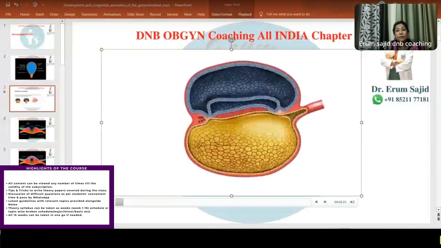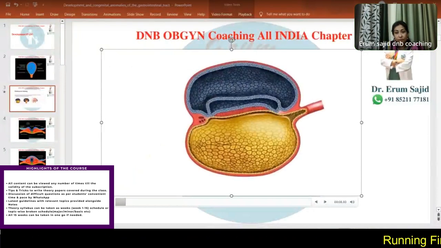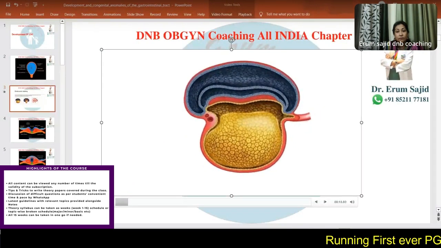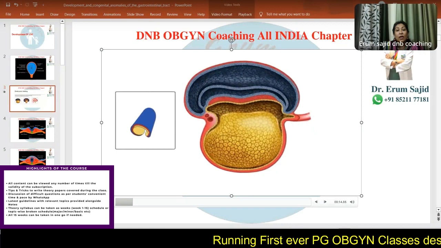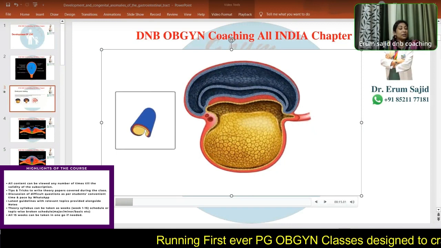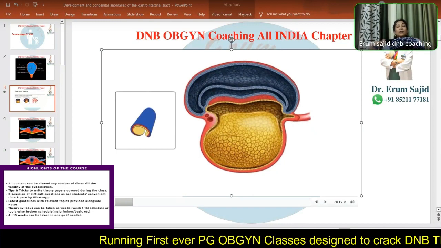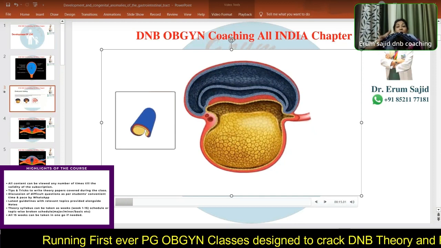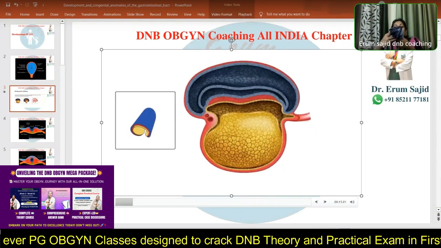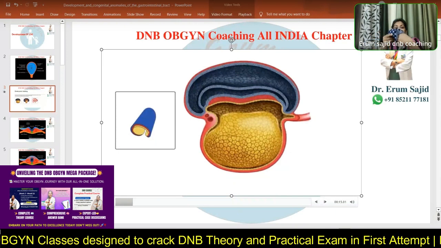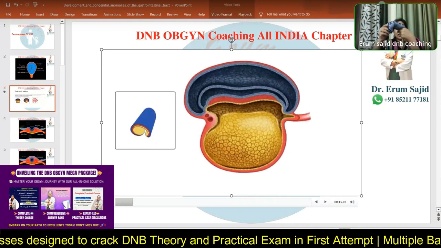During the 4th week of development, a period of rapid growth, the embryo begins to change shape from a flat trilaminar disc into a cylinder. Can you appreciate that? This is what is happening. This is a flat surface and now it's folding like this. And mind you, the folding is not only like this, the folding is also like this.